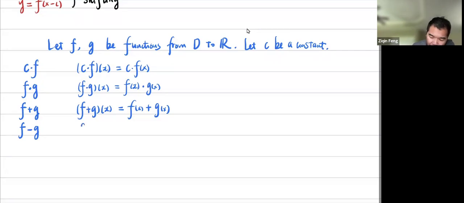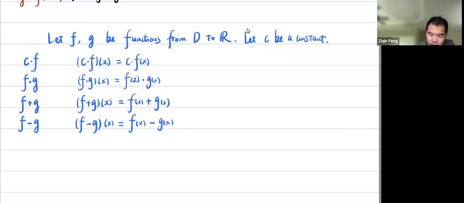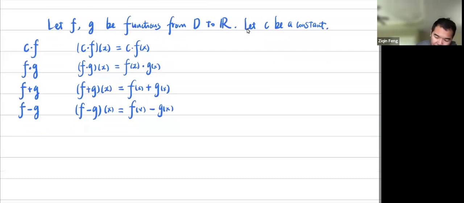So in this case, f minus g of x is f of x minus g of x. And the last one we will use is the quotient. f over g of x is f of x over g of x.